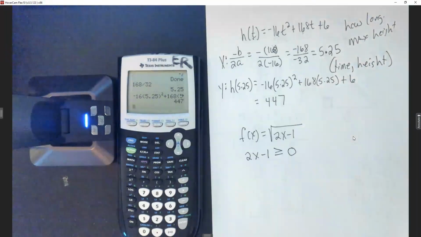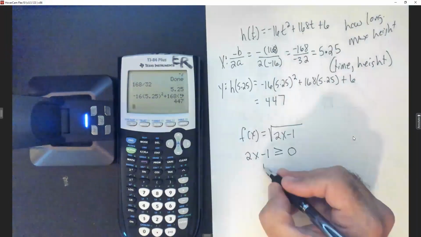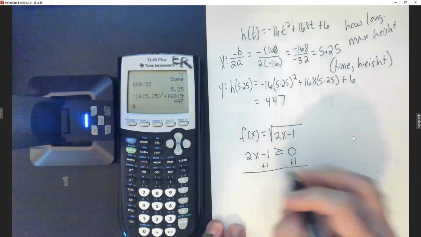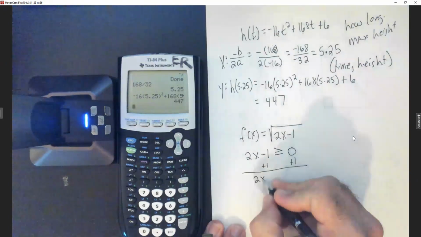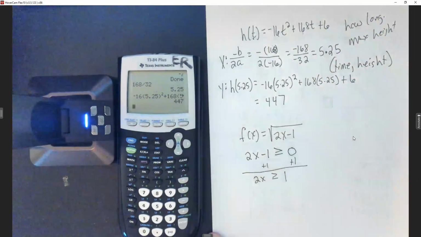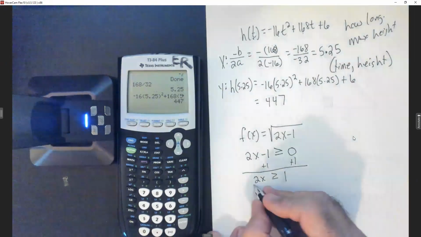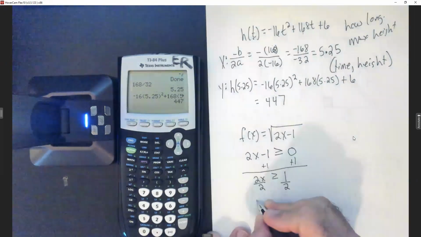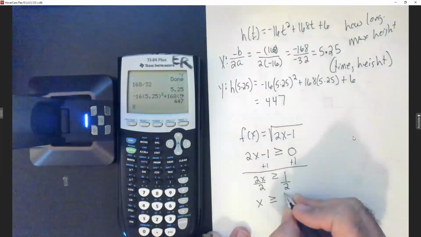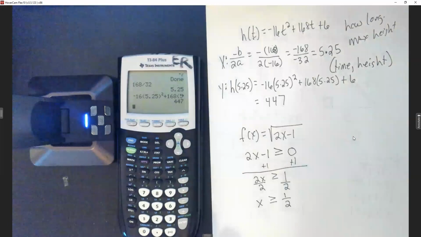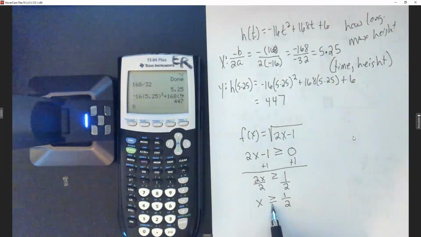All right, solve that. First, you'll add 1 to both sides. So 2x is greater than or equal to 1. And then divide these by 2. So x will be greater than or equal to 1/2. Y'all, here's the thing. Every one of those answers will look like that unless you divide by a negative and you got to flip it.